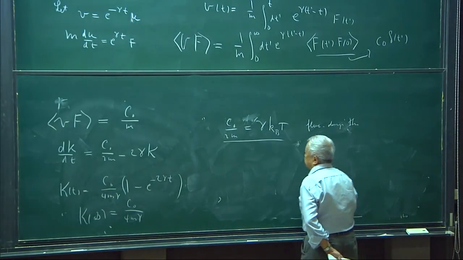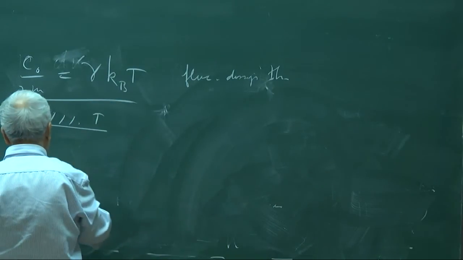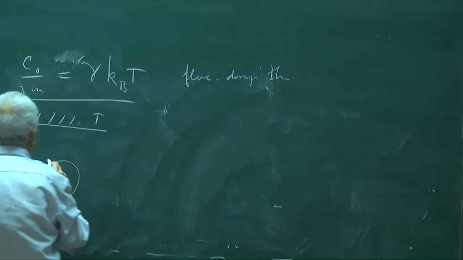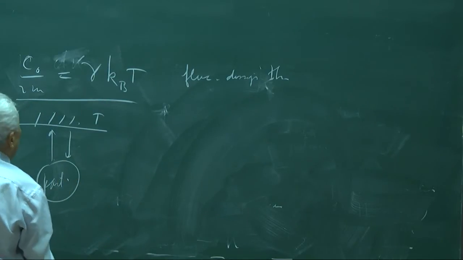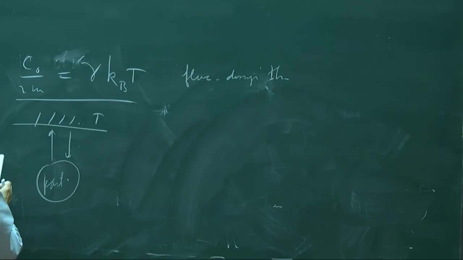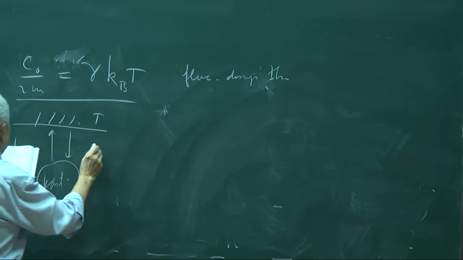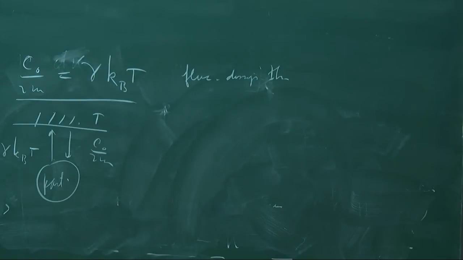And this shows again that if this is a medium at temperature T, this particle gives energy and it receives energy, and these two balance. It gives an amount of energy gamma kB T, and receives energy C0 over 2m. And these two balance, and that's the fluctuation dissipation theorem.